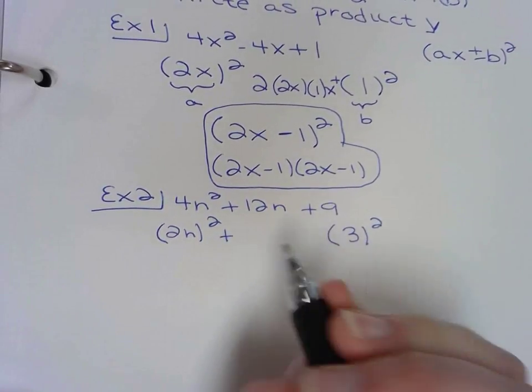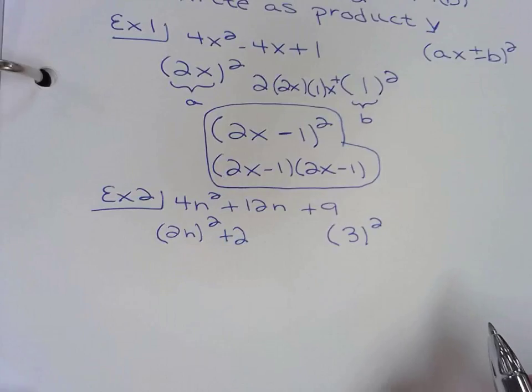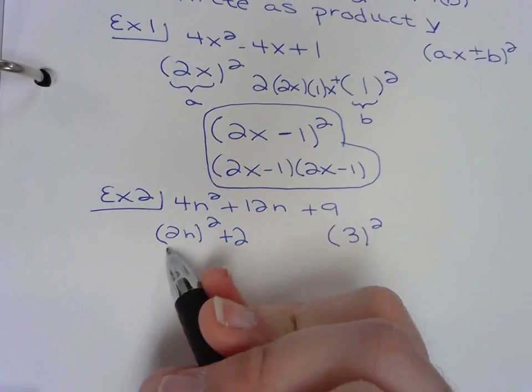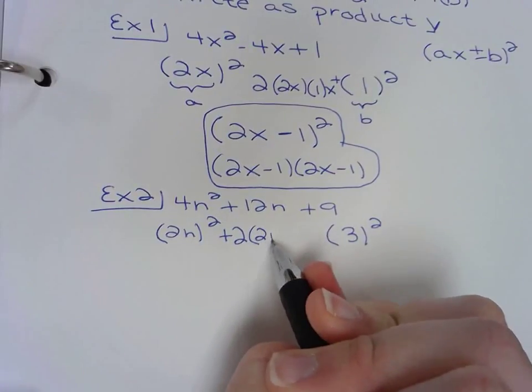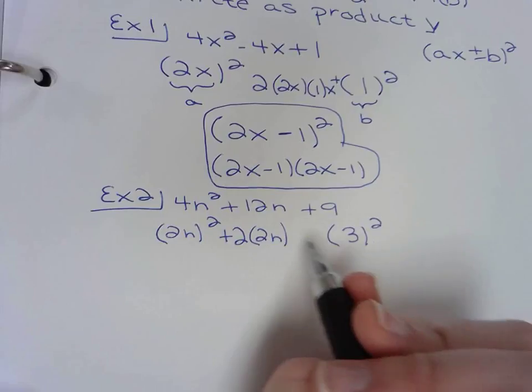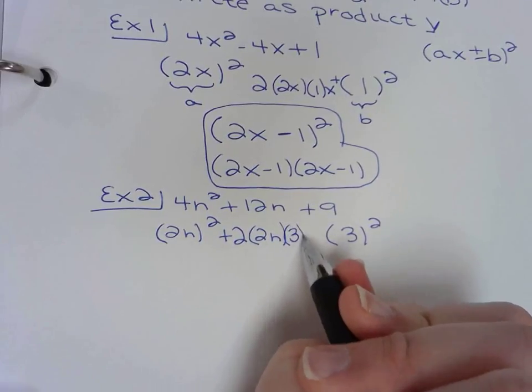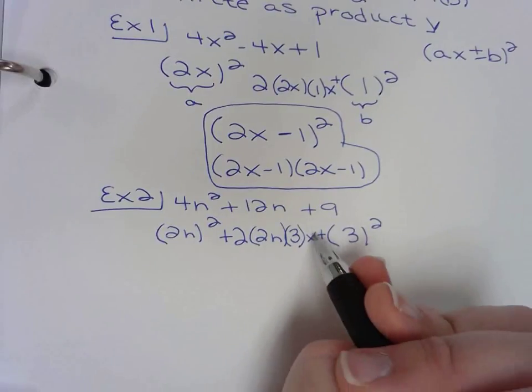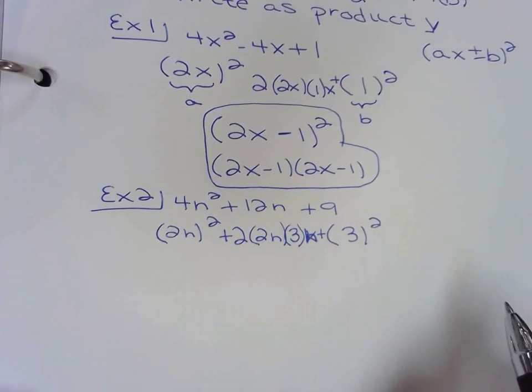So 2 times, what's a? 2n. That's the value right here. So 2 times a, 2 times 2n, times, what's b? 3. Does that give you the middle term? Does that give you 12n?